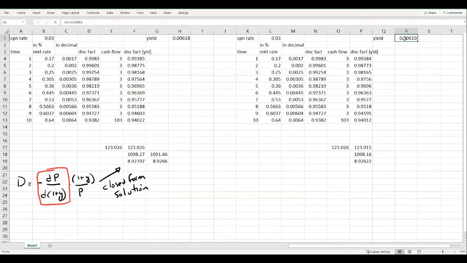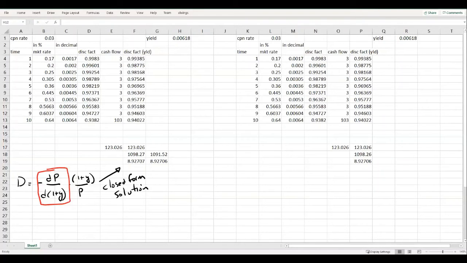So if I change this little quantity to even smaller, you can see that the second method is approaching the closed form solution. So this is what we call the numerical method. And this method will be a little more efficient as we talk about convexity later.